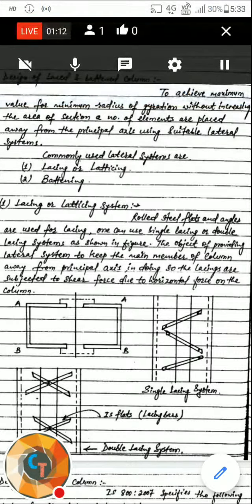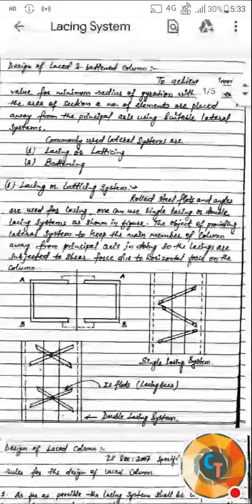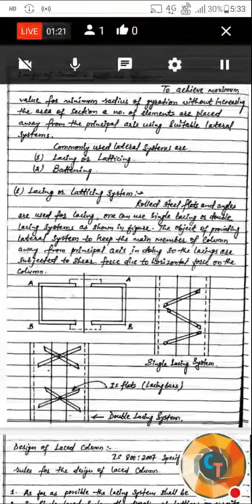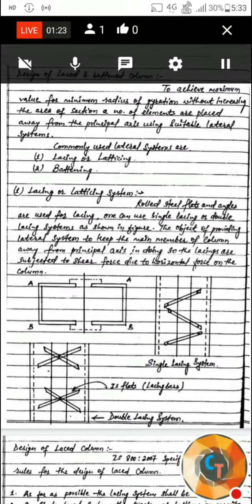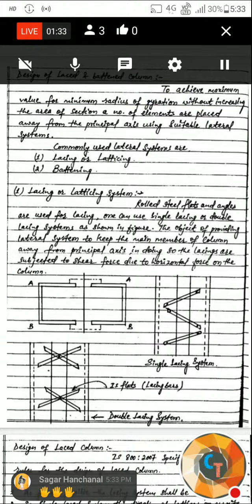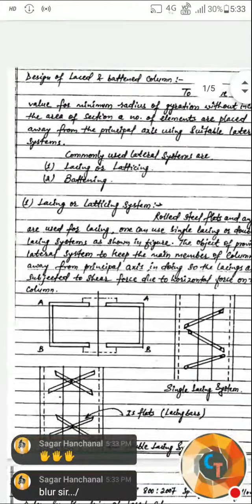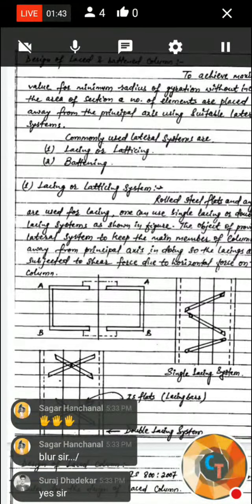Okay. Only one member has joined. Please reply, is it visible? Sagar, fine. Okay, blur. Is it clear now?